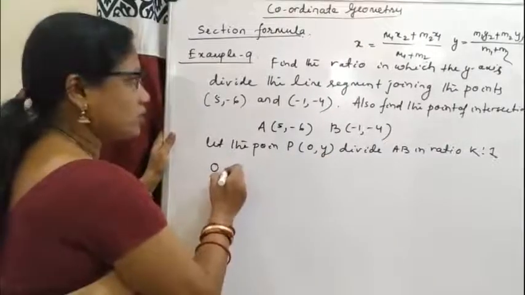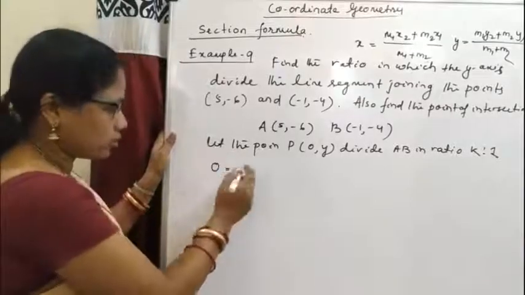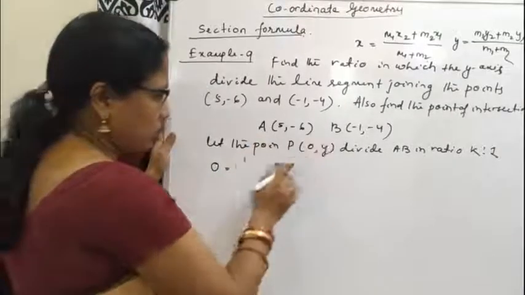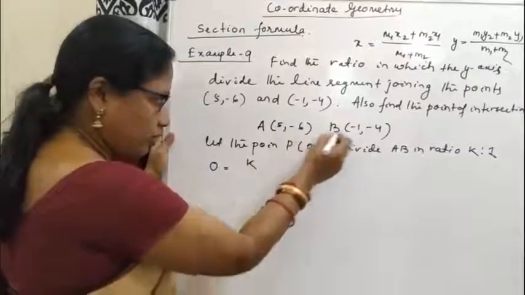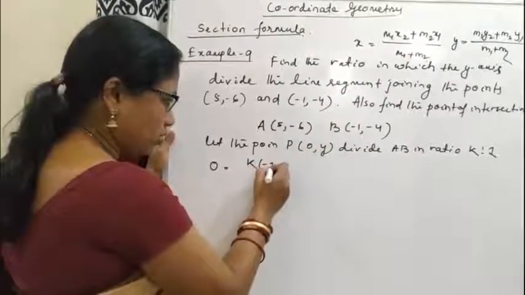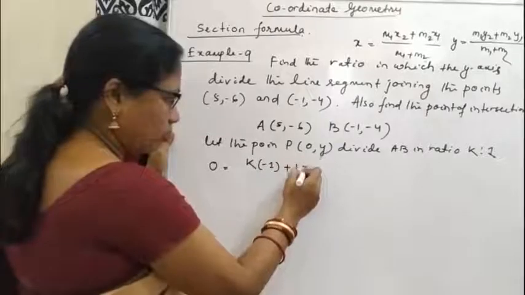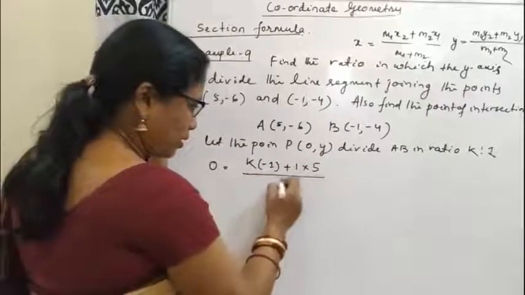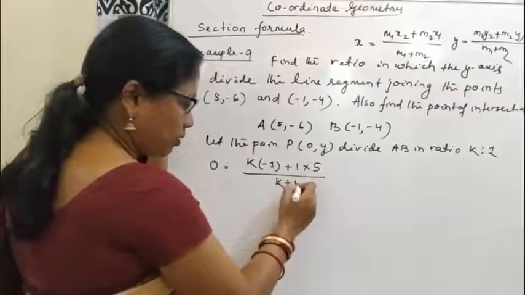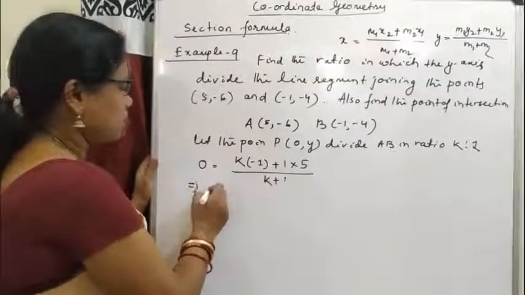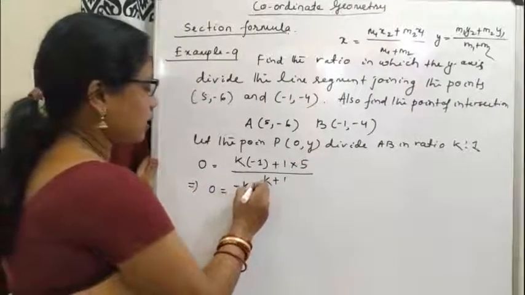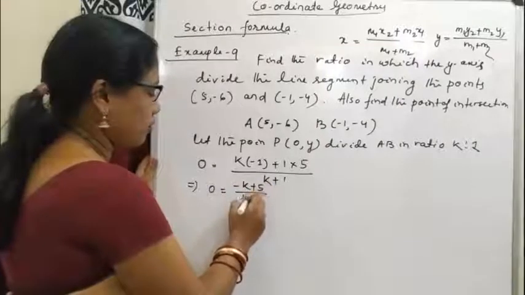So by using the formula, our x coordinate is 0. So 0 is equal to, so ratio is k is to 1, k multiplied with x2, that is minus 1, plus 1 multiplied with 5 divided by k plus 1. So this implies 0 is equal to minus k plus 5 by k plus 1.